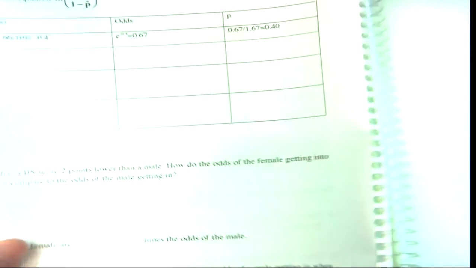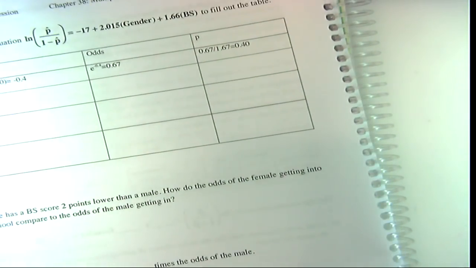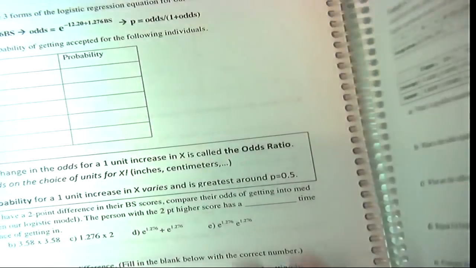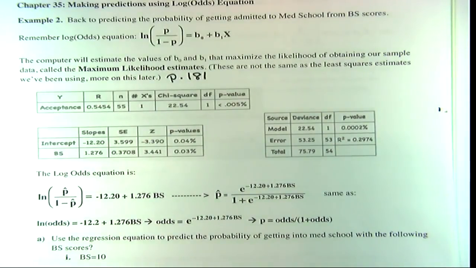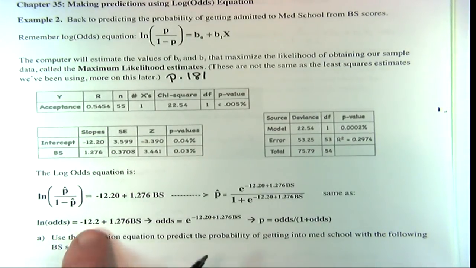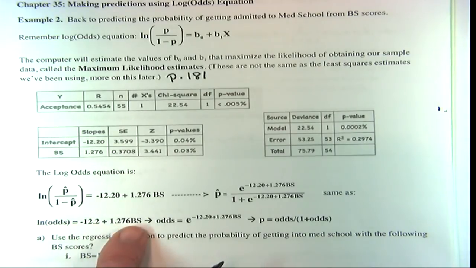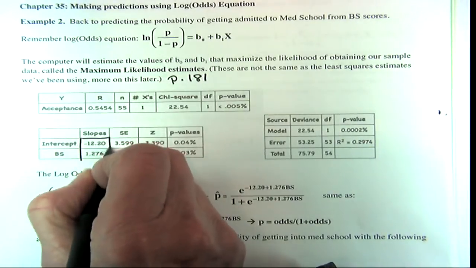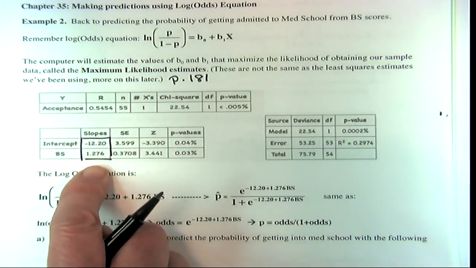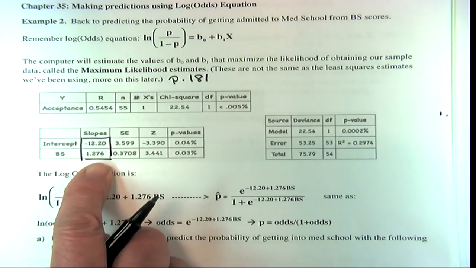Now let's go back and look at this. We're back on page 173, and the computer gave us this estimate for the intercept and this estimate for the slope in the log odds equation.